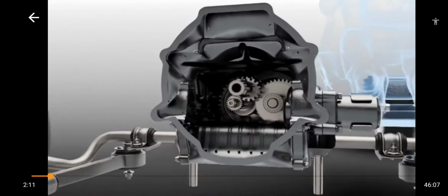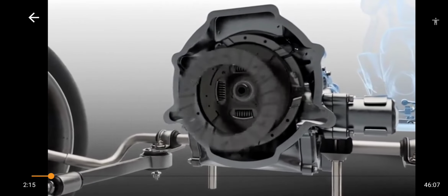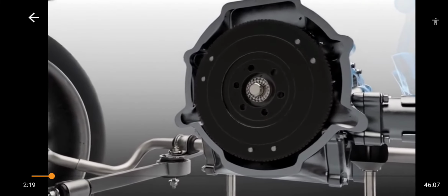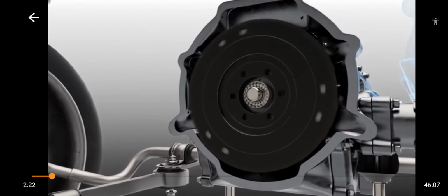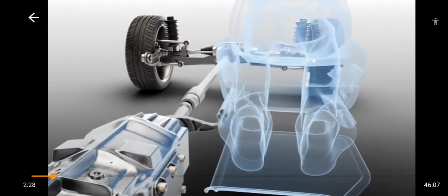Transmission pack, clutch or turbine. It connects and disconnects mechanical energy from the engine to the gearbox. Transmission shafts, drive shaft or axles.